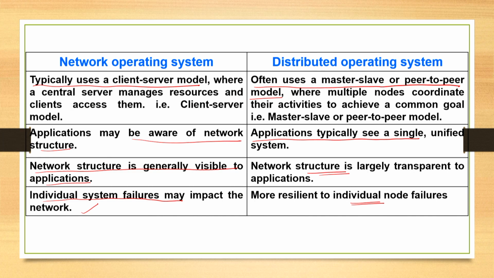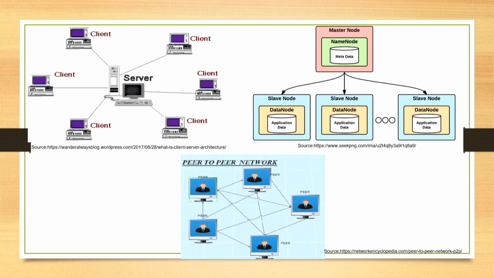So, these are all the differences between the network operating system and the distributed operating system. Now, I will discuss the client server model, master slave and peer to peer model, because the client server model is used in a network operating system, whereas a distributed operating system uses master slave or peer to peer models.